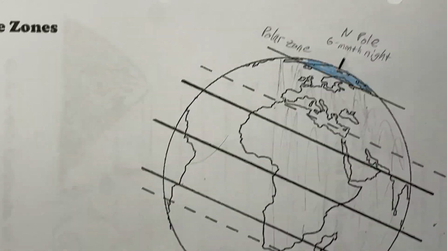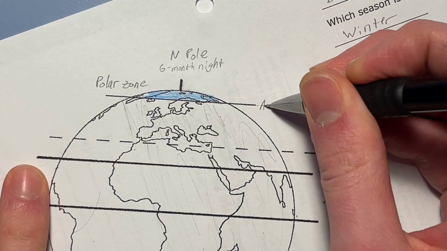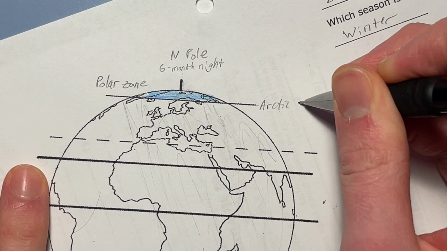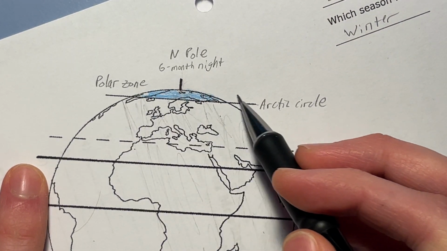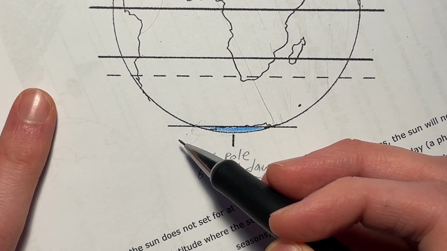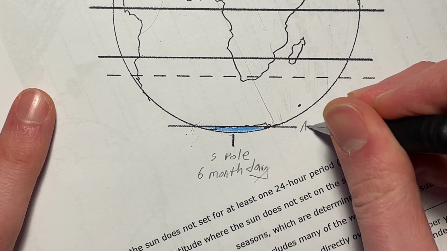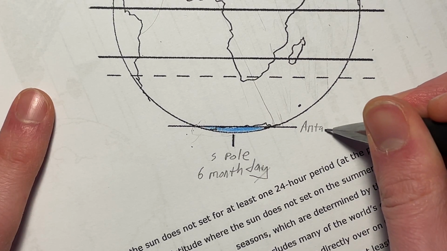And that's up here, this is the Arctic circle. So I'm actually going to label this here. So this is the Arctic circle. Go ahead and label that on your paper. And then if I go down here, right here, this is the Antarctic circle, or anti-Arctic. That's why it's called Antarctica.